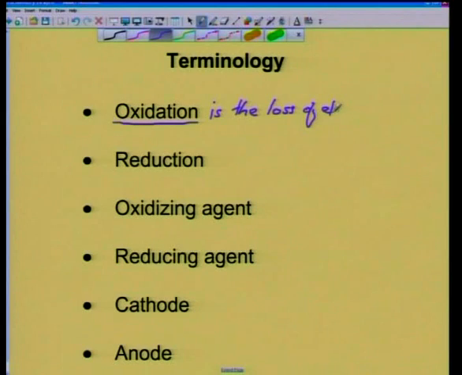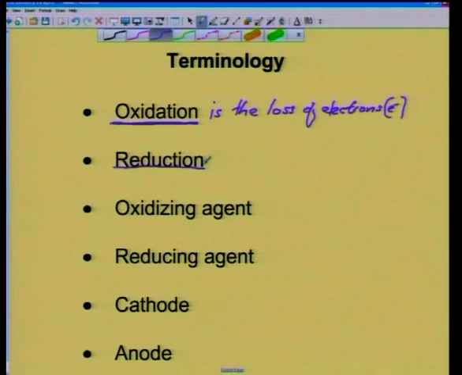Now we know that electrons are particles from atoms of substances that carry a negative charge, hence we put e- to show that they are negatively charged. So when a substance loses electrons, we say that substance is oxidized or it has undergone oxidation.